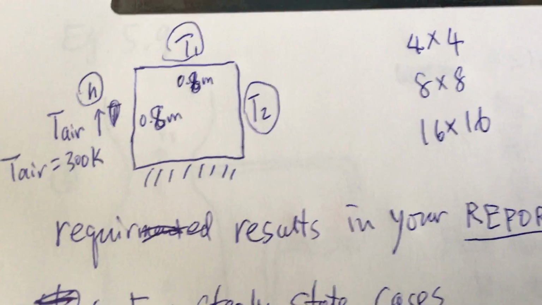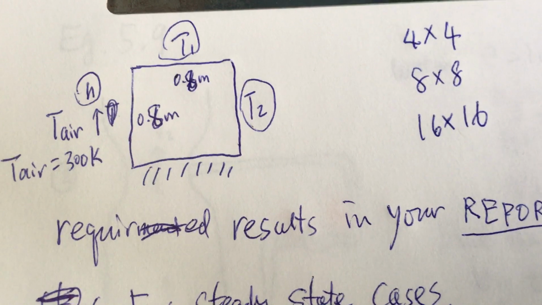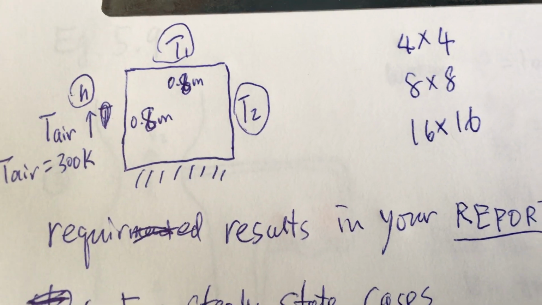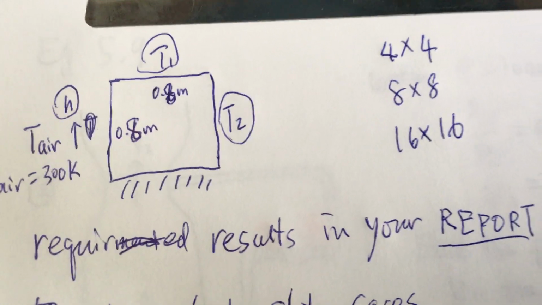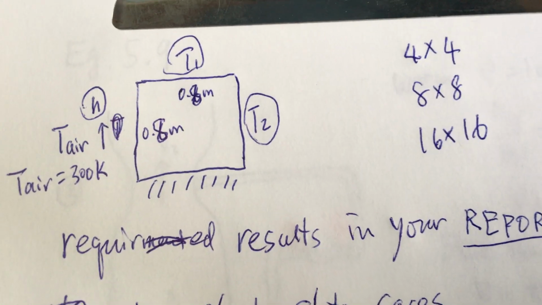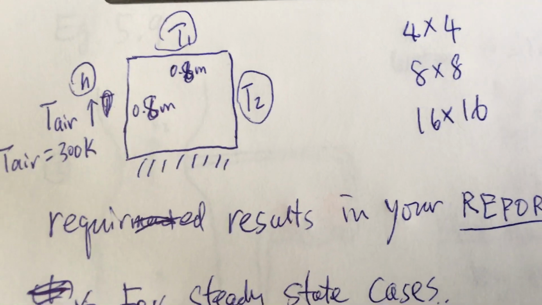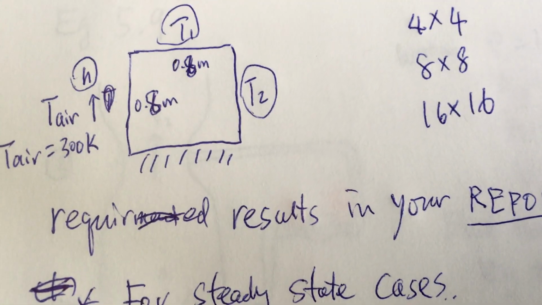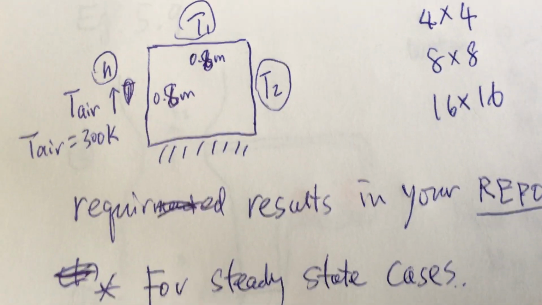That's called grid convergence. If you have two sets of grid that produce the same result, the chance is likely that the result is correct. And if you refine it to 32x32, it won't give you any differences, that means you already reach the grid convergence. So that's the logic behind it.